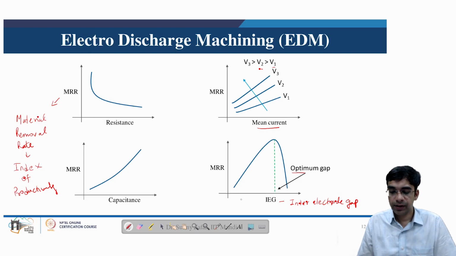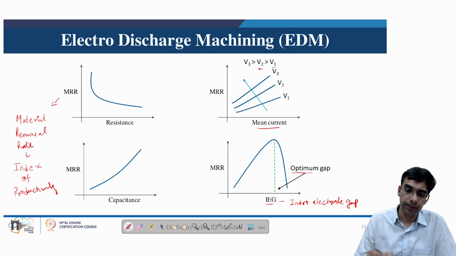And of course if this gap is too small, in that case also the electrons may not have sufficient time to gain sufficient momentum and energy to remove material from the workpiece. So IEG always has an optimum value, and this optimum value is different for every process parameter, for every tool and workpiece combination.